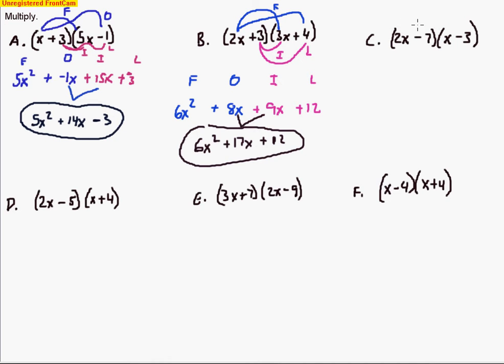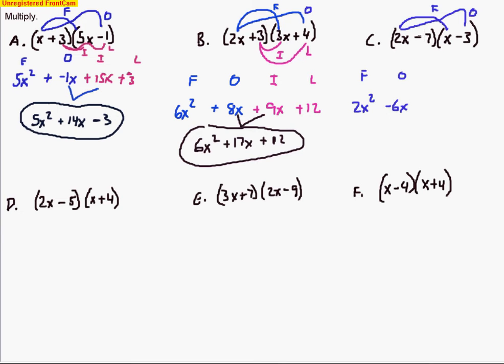Again, same sign, so we predict that we're going to add the outer and inner terms, and our last terms will be positive. So let's see if that's the case. Here are the first terms, and when we do that, we end up with a 2x squared. Outside terms are the 2x times the negative 3, and that makes a negative 6x.